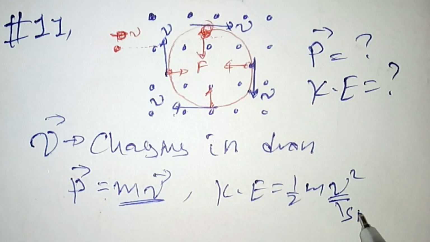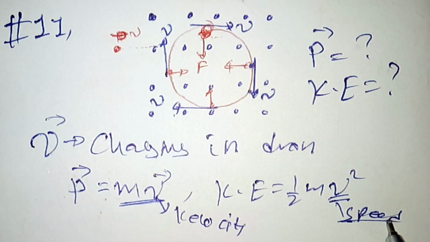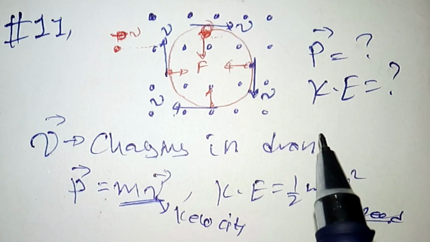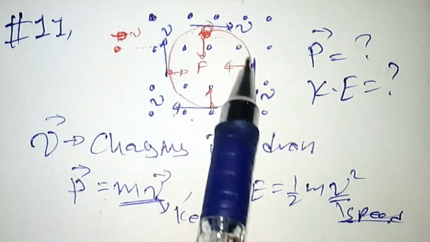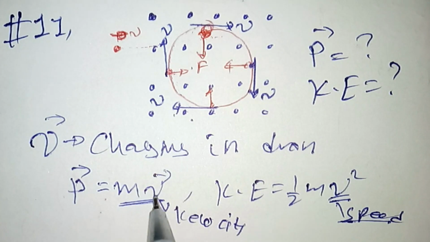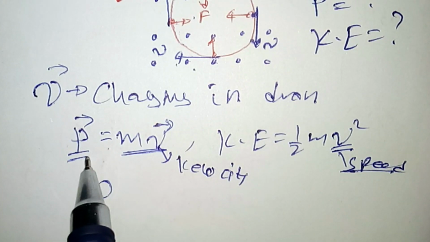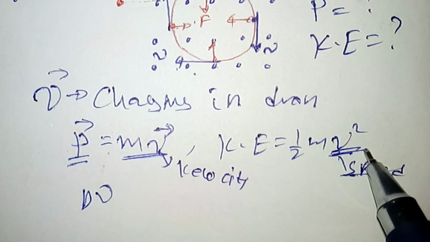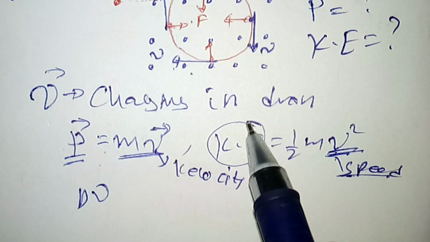Speed here is the magnitude of the velocity, and the magnitude of the velocity is not changing, but the direction of the velocity is changing. Since the velocity is changing, the linear momentum of the object is changing, while the magnitude of the velocity is constant, so the kinetic energy is not changing with time.